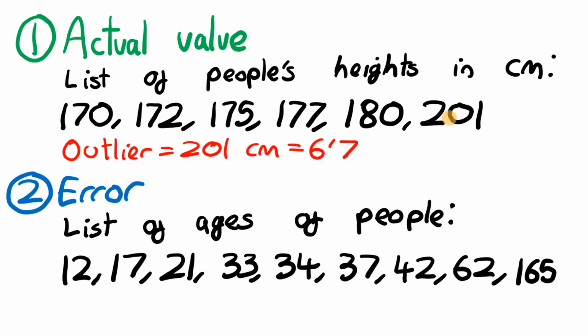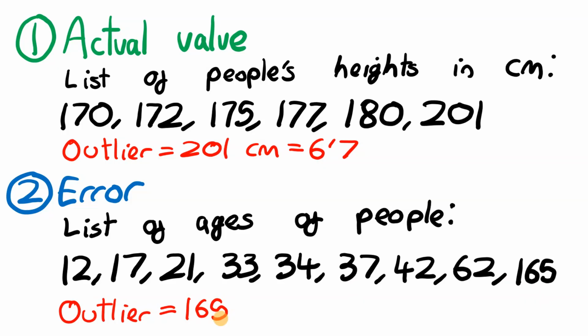Now, another possibility is that an outlier could be an error, and I think the textbook does a good example on this. So let's say you have a list of ages of people, which is this list here, and using one of the methods from before, you identify this value at the end, 165, as an outlier.